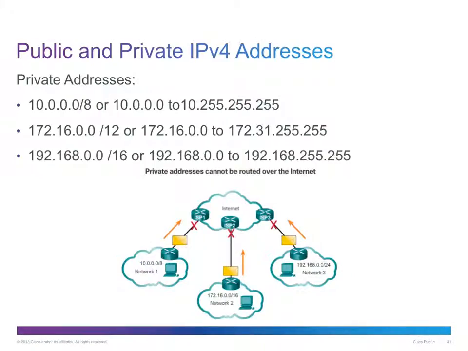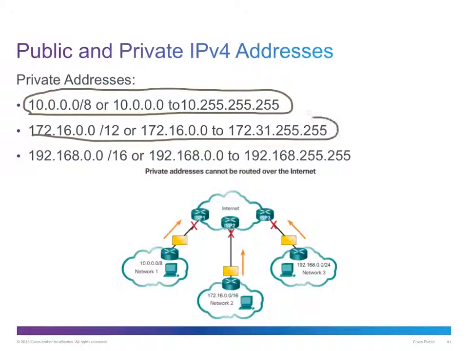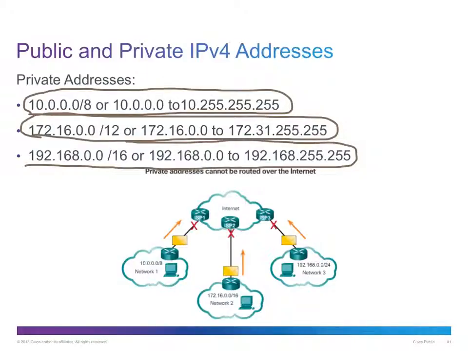So we have these ranges of addresses. This group of 10 addresses, they're private. This group of 172.16 up to 172.31, they are private, and then the whole 192.168 are private.